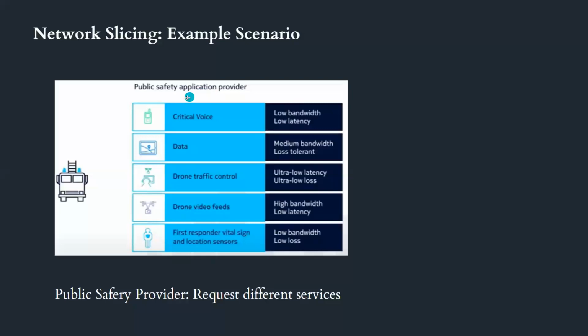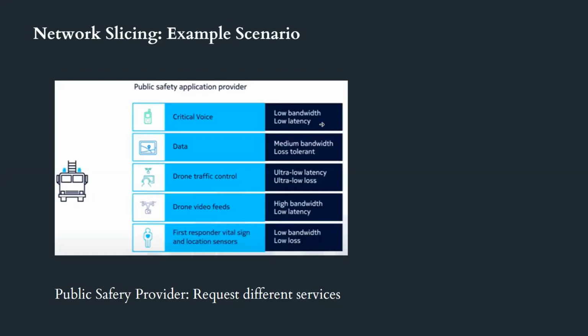So the application that provides these services needs the communication to reach the destination on time. So in order to do that, they need different communication requirements. If you are using the critical voice option in the public safety application, then that application feature will need low bandwidth and low latency communications, which means that it needs very fast communications, low latency and low bandwidth.